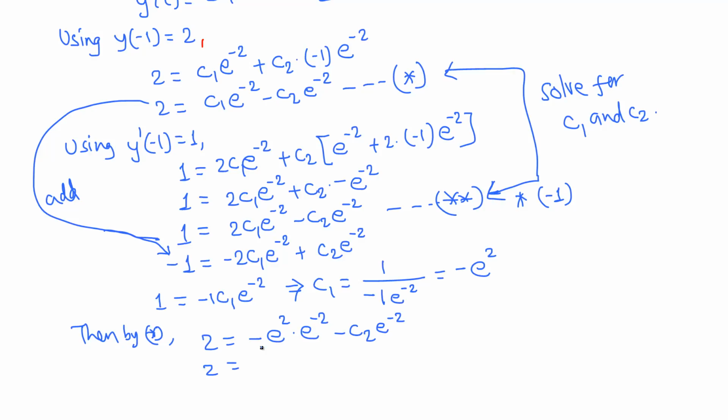So 2 equals -1 minus c2 e to the -2, or move 1 over, 2 plus 1 is 3, so 3 equals -c2 e to the -2. Divide by -e to the -2 to find c2. So c2 equals 3 over -e to the -2, negative to the front, move this to the top, so 3e squared.